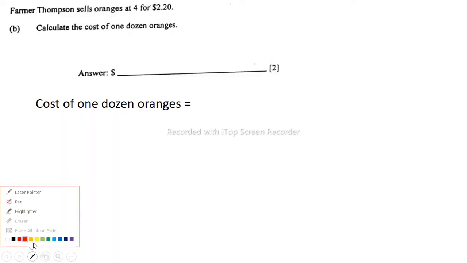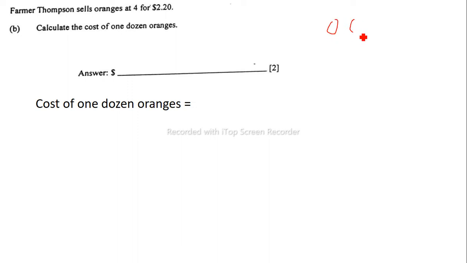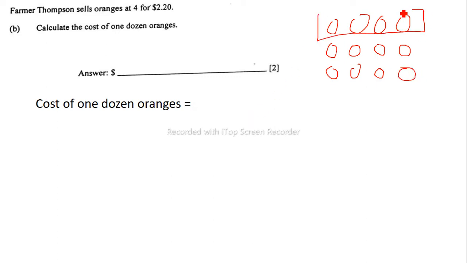So if we have a dozen, it's going to be 1, 2, 3, 4, 5, 6, 7, 8, 9, 10, 11, and 12. So this is 12 oranges. We know that this 4 is for how much? $2.20. Very good. We know that this next 4 is for how much?